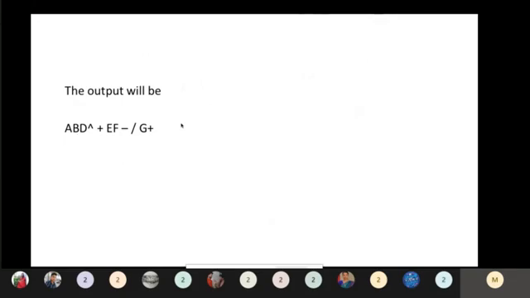While performing that, we have a comparison. How to do the comparison? With the help of precedence, highest precedence with the lowest precedence. According to that, we get the answer on the output window.